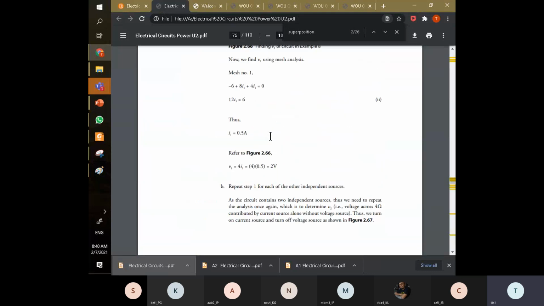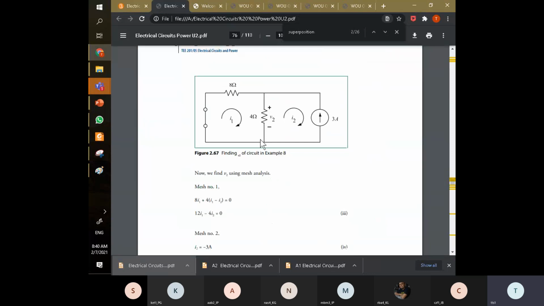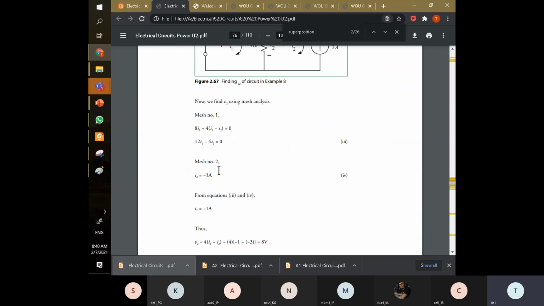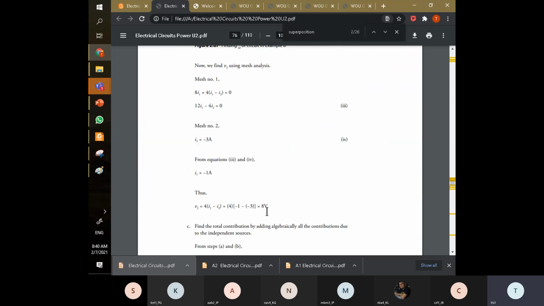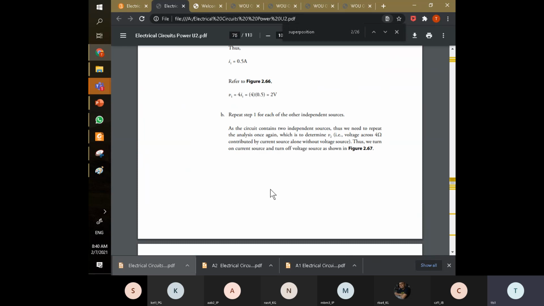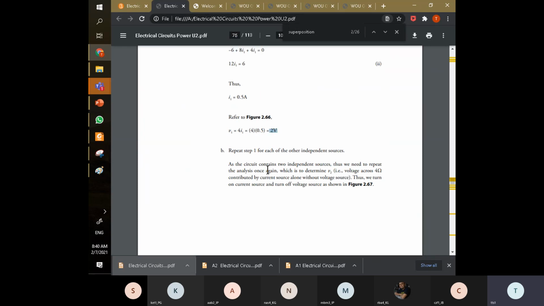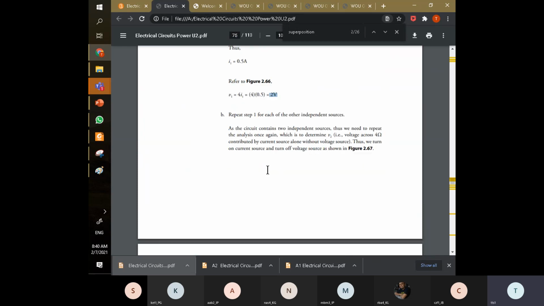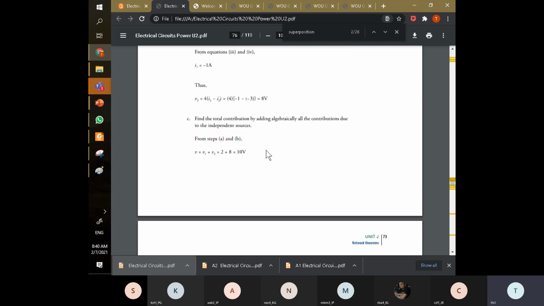Then take away this one, and we keep the current source here. We find V2. So V2 is 8 volt. Just now we found V1 is 2 volt, and V2 is 8 volt. And then at the end, 2 plus 8, we get 10 volt as our answer.